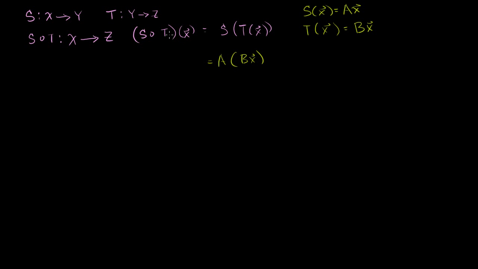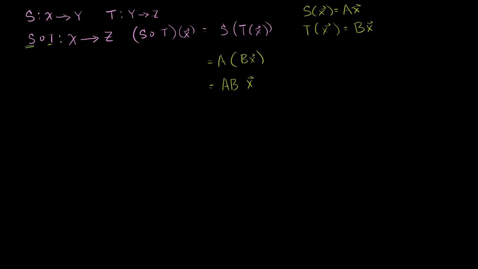We saw in multiple videos now that, by our definition of matrix products, this is equal to the matrix AB times x. When you take the product of two matrices, you just get another matrix. So you take the matrix of the first linear transformation in your composition, which was A, and then take the product with the second one. Fair enough. All of this is review so far.